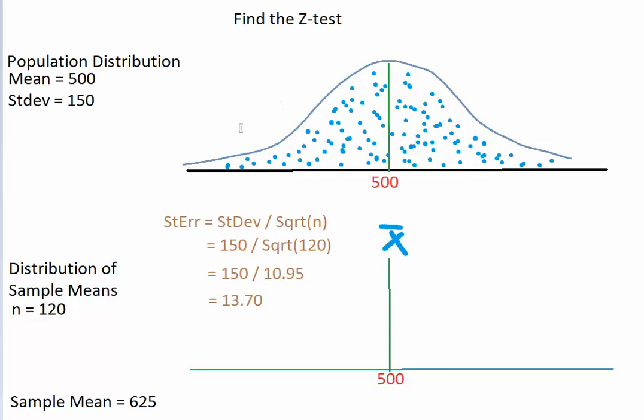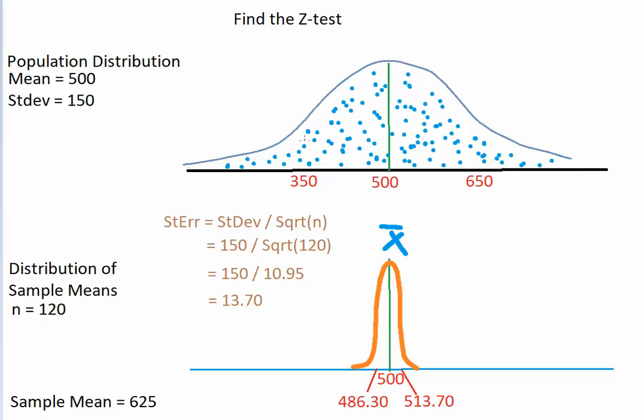So whereas in the population distribution, these scores widely vary around the mean of 500, the standard deviation is 150, that's really huge. Because each of our sample means is going to be the average of 120 of these scores, they're not going to vary as much. 68% of them will be within plus or minus 13.7 around that value of 500. So again, to give you some comparison, from the empirical rule, you remember that 68% of the values are within plus or minus 1 standard deviation.